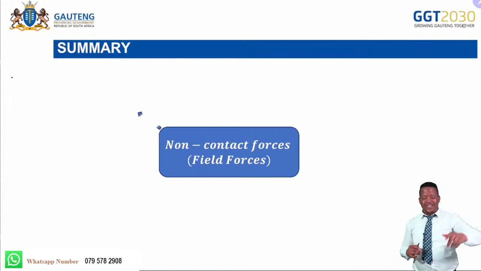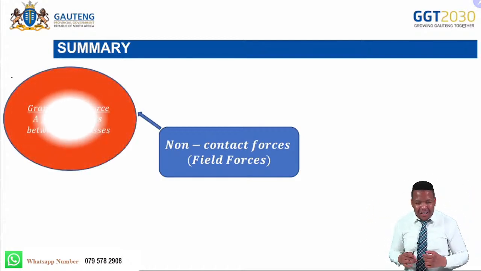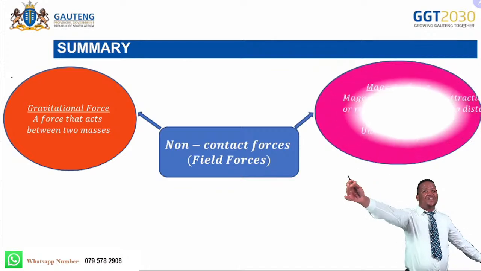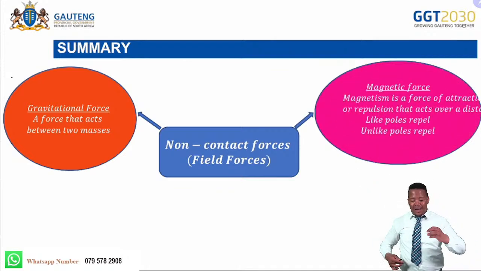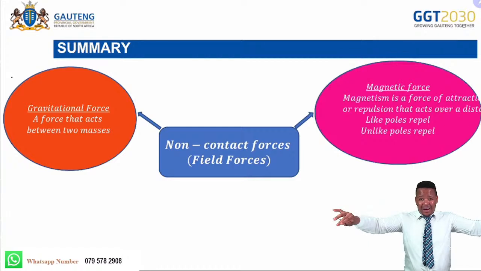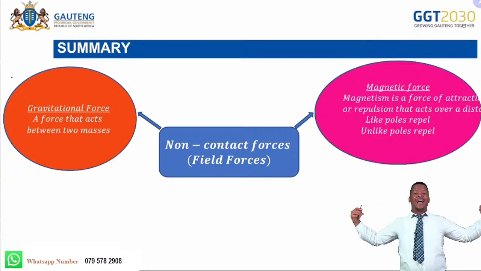Yes, gravitational force, which is a force that acts between two masses. What else is a non-contact force? Can you give it a try? Yes, magnetic force, which is a force of attraction or repulsion that acts over a distance. Like poles repel and unlike poles attract. North and north repel, north and south attract.